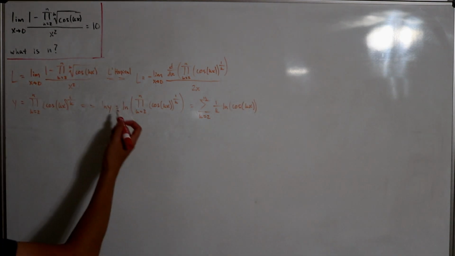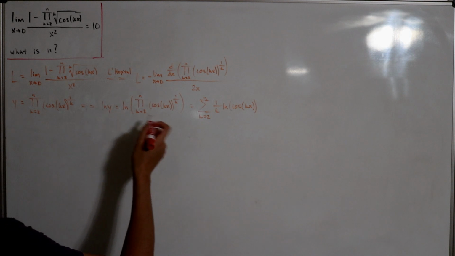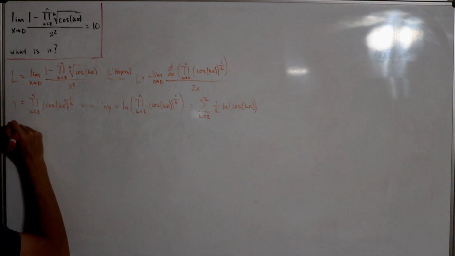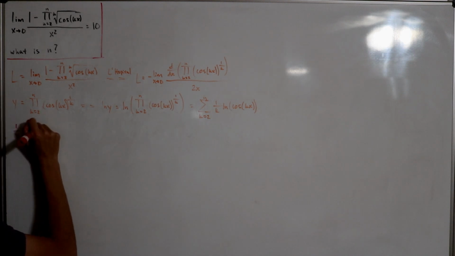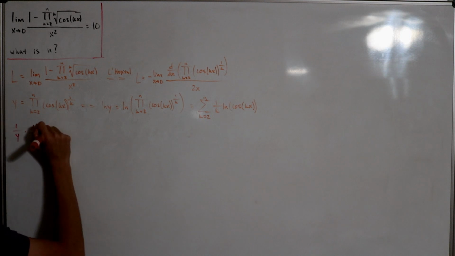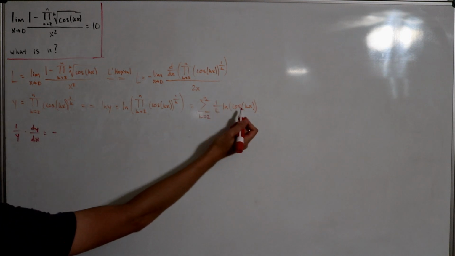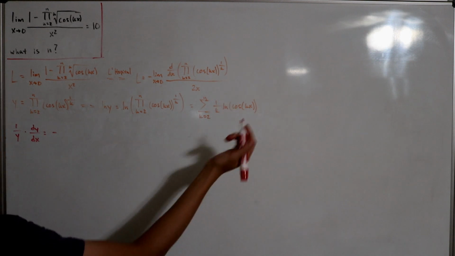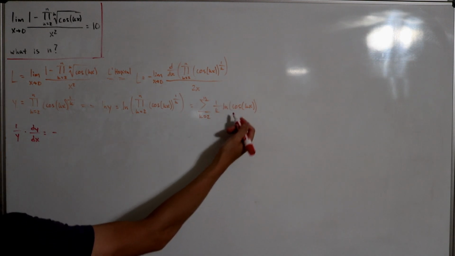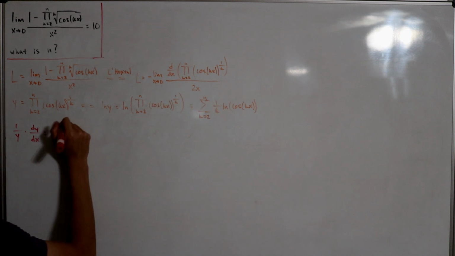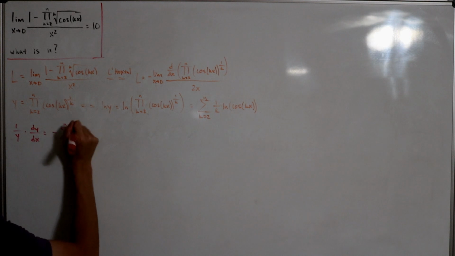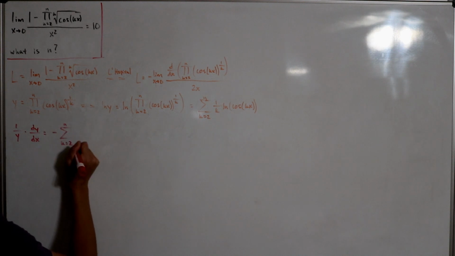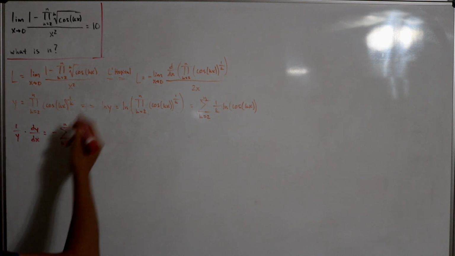Now we have the natural log of y, and using implicit differentiation I get 1 over y times dy over dx, set equal to, negative since we have the natural log of cosine, 1 over cosine kx, and then the derivative of the inside, which is k times sine of kx. The k's will cancel, and I'll move the negative outside, with the index starting at k equals 2.